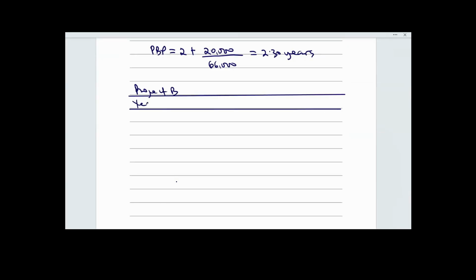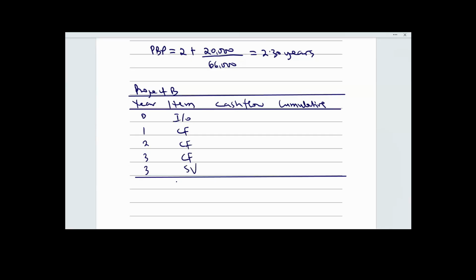Item, cash flow. Let me write it out in full. Then cumulative balance, years 0, 1, 2, 3. Initial outlay, cash flow, scrap value.